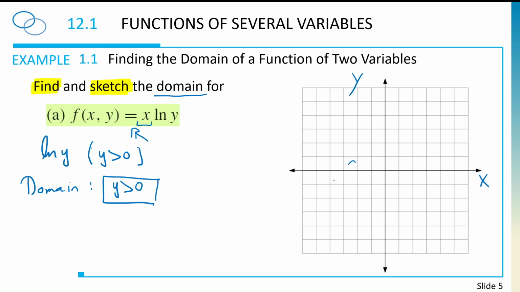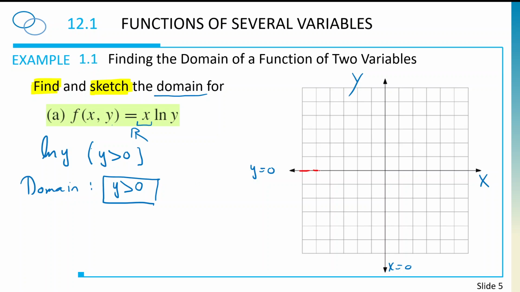Can I include the x-axis itself? Remember, what's the equation of the x-axis? y equals 0. What's the equation of the y-axis? It's x equals 0. So when I say y greater than 0, it's anything above the x-axis, not including the x-axis itself. So how do I show that it's not included?